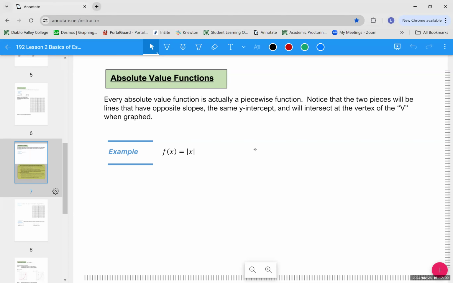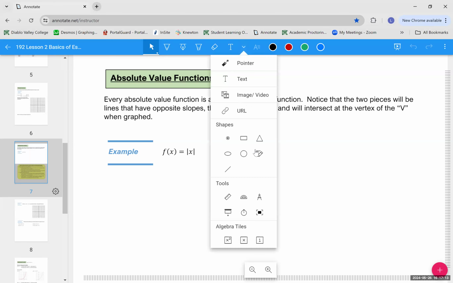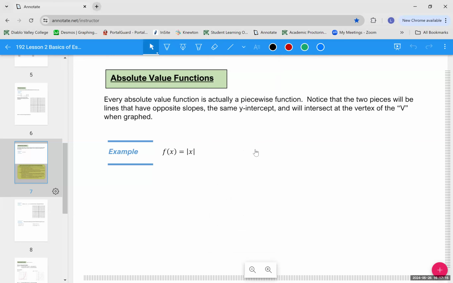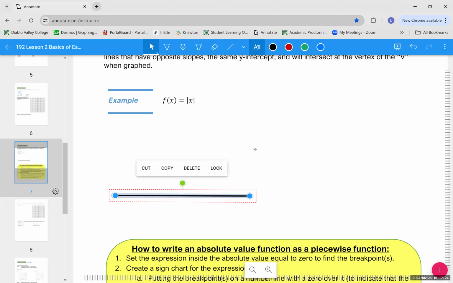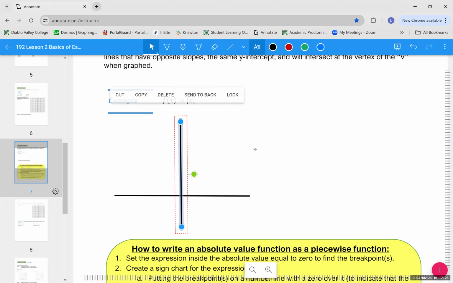So if you've thought about the V, we know that absolute value functions have graphs that are shapes of V's. If you think about it, those are really two different functions, the graph on the right and the graph on the left. Let's see if I can give us a quick picture here. If we're just graphing the absolute value of X, it's going to be an X-axis and Y-axis.